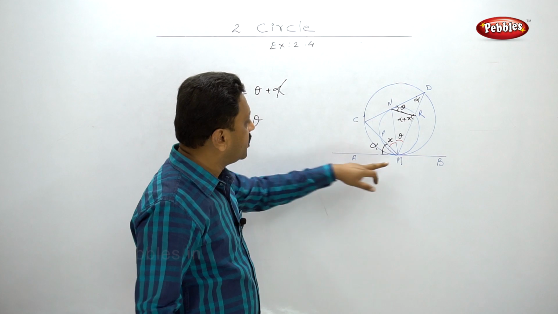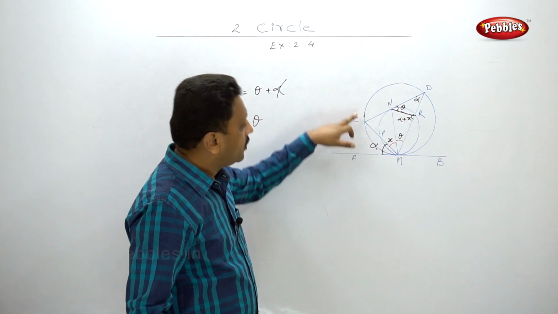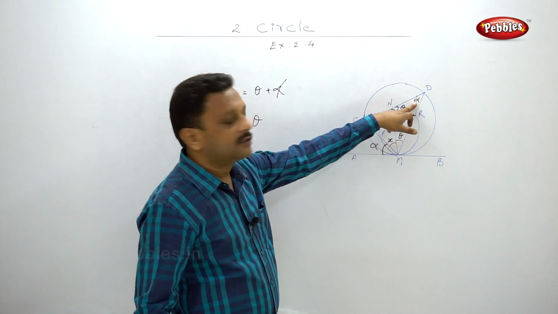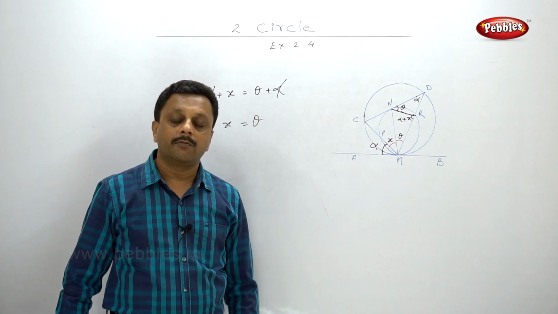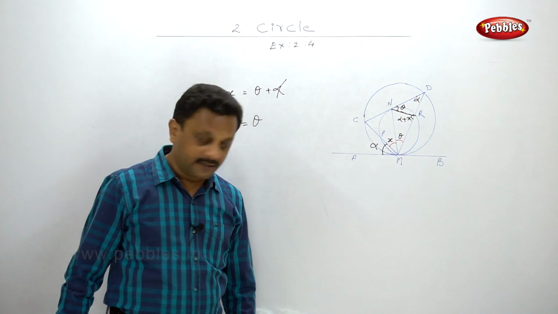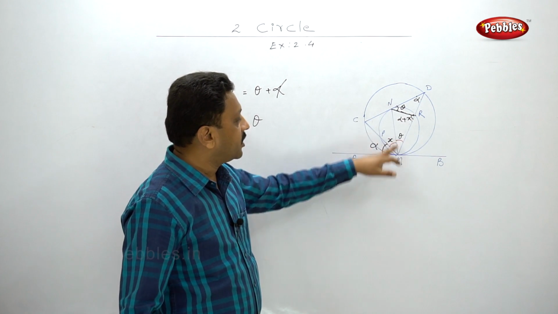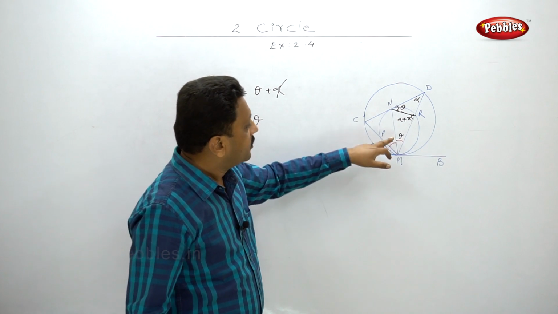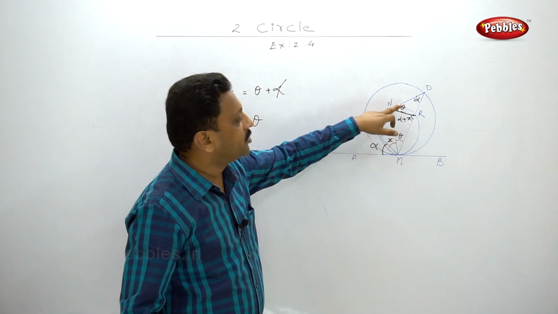So for the external circle, CMA is alpha, which will be equal to this alpha. These two angles are congruent because of angles in the alternate segment. Now if I go inside for the inner circle, if this is angle theta, then this is the tangent, this is theta, so this is also angle theta.